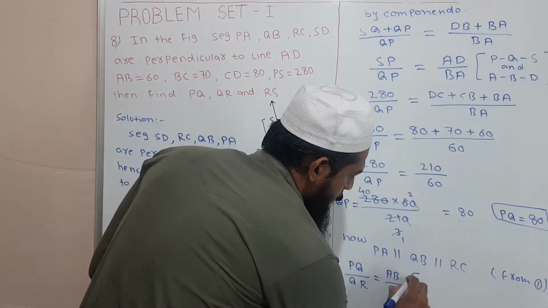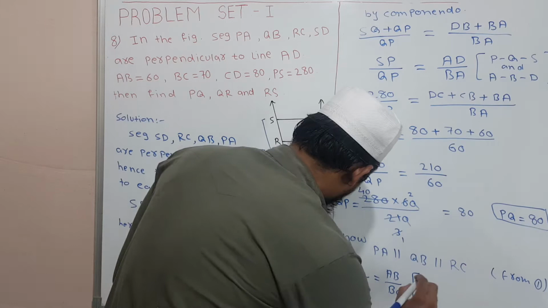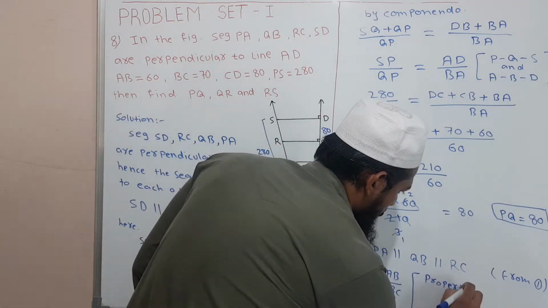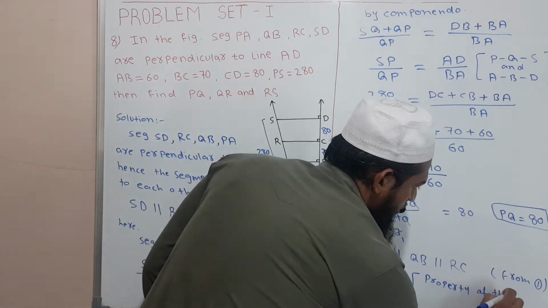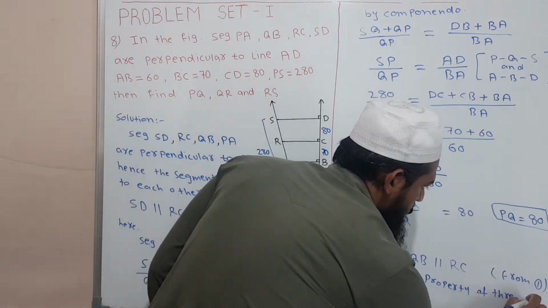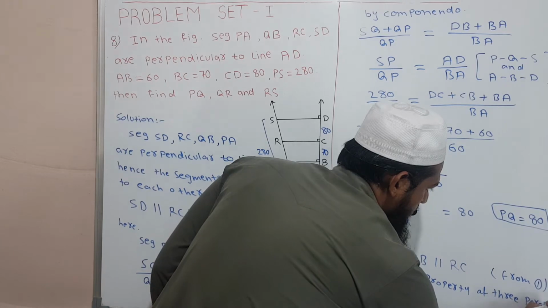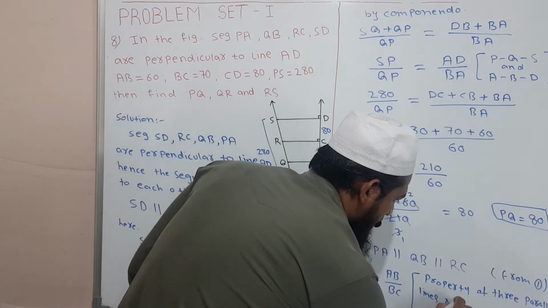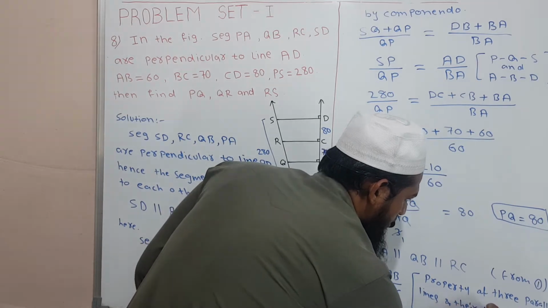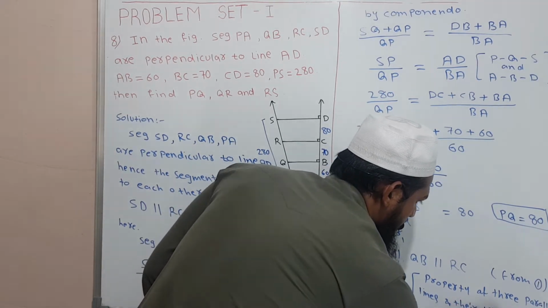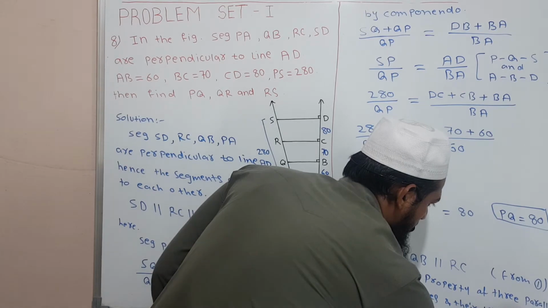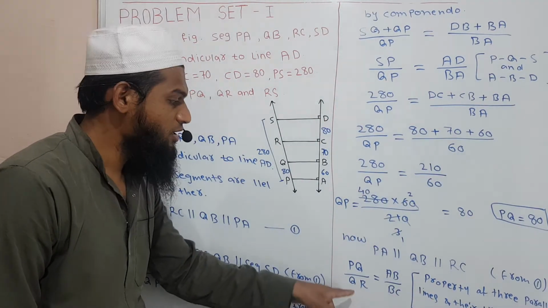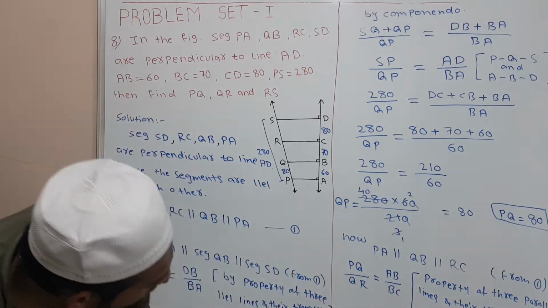The reason is the property of three parallel lines and their transversal. After that we have to put the values.